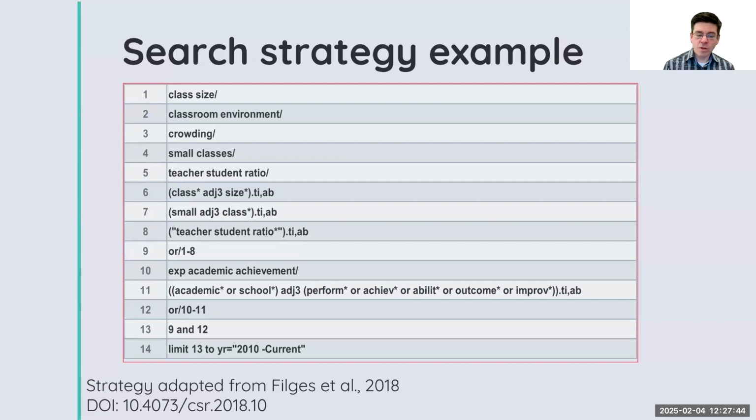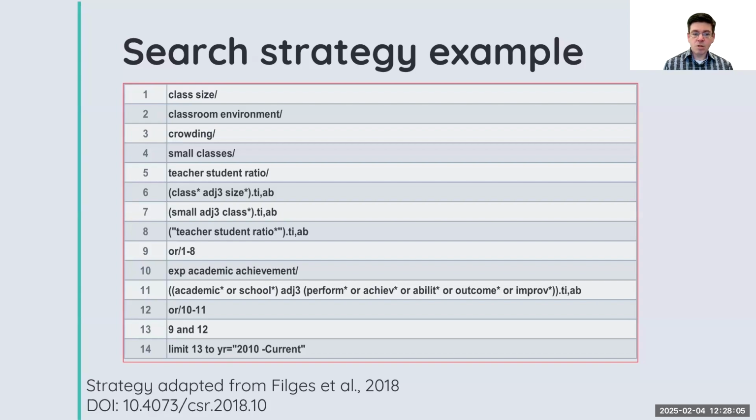So coming back to another example of a search strategy that was developed for the concept of class size and academic achievement, we can see here that there are a few examples where that proximity comes into play. So just to break this down, what you're seeing on the screen is an adapted search from a published review in 2018.